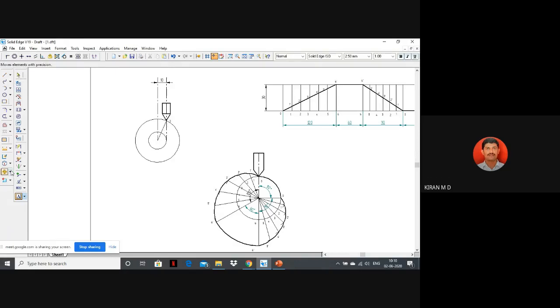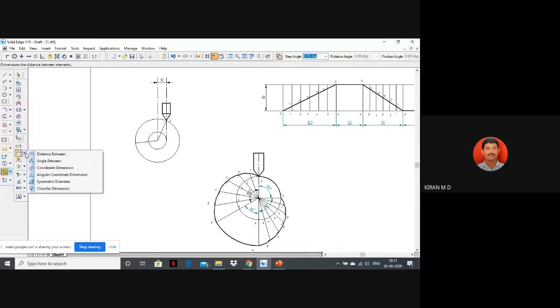So you measure the angle for 120 degree. So this is the angle of 120 degree. Now this is the 120 degree angle. Now similarly next is 60.